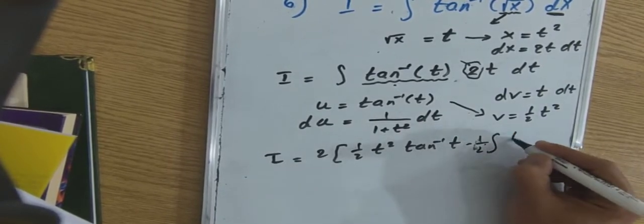U times v will be half t squared tan inverse t minus the integration of v du, and we have the constant half outside, so it will be t squared over 1 plus t squared dt.